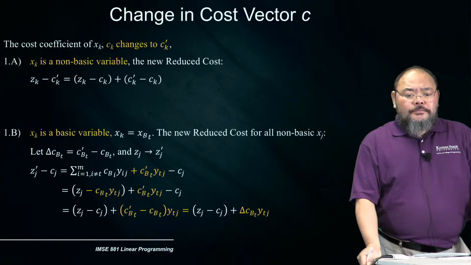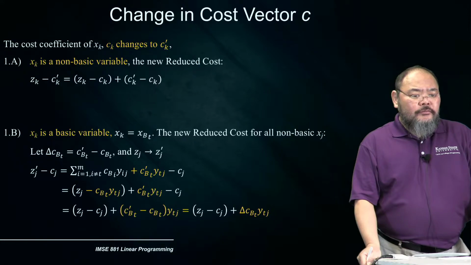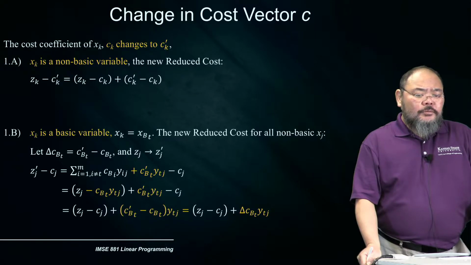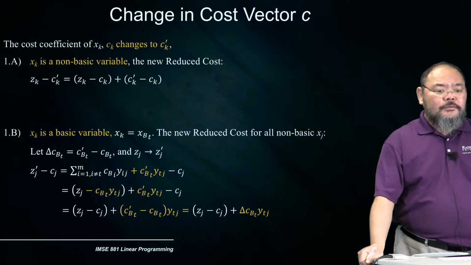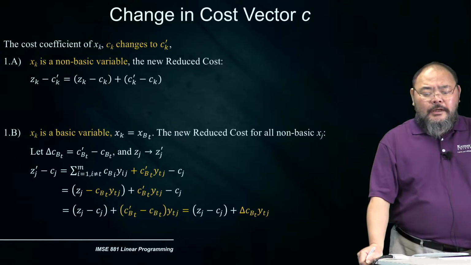Also, you might want to change some of the constraint coefficients in your A matrices. And you could add another decision variable, or add another product or project, to your linear programming model. Also, you can add an additional constraint to your linear programming model.